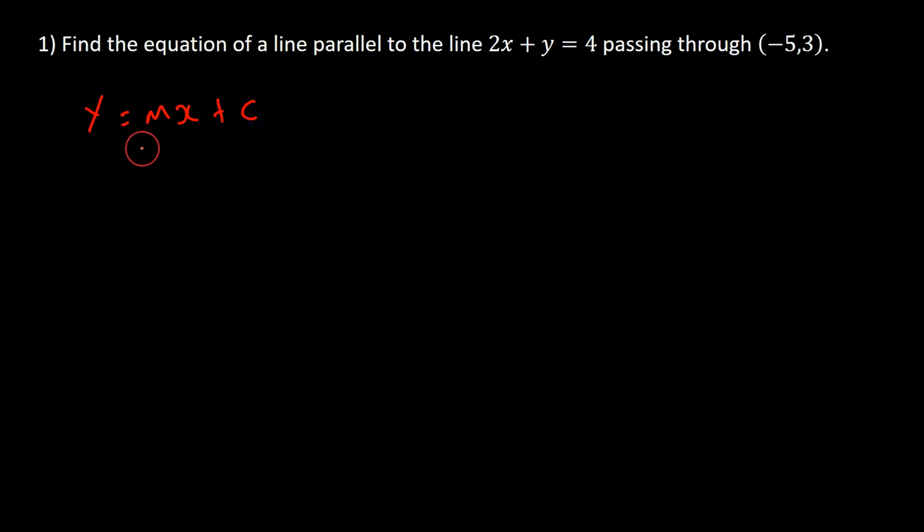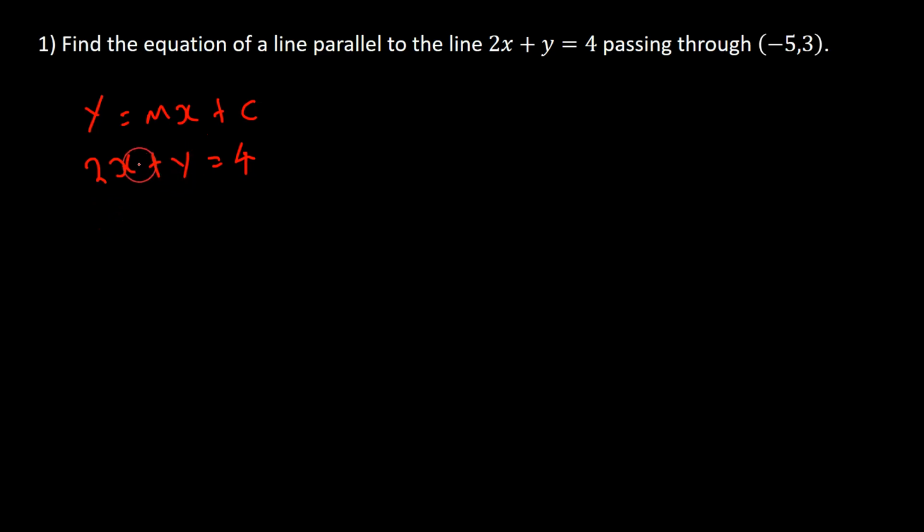So let's get our first equation, 2x plus y equals 4. We can see that this equation is not in the standard form of an equation of a straight line. So let's put it first in the standard form.